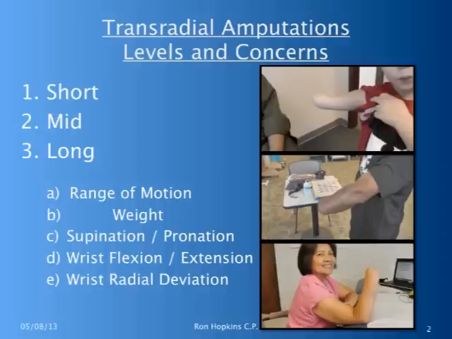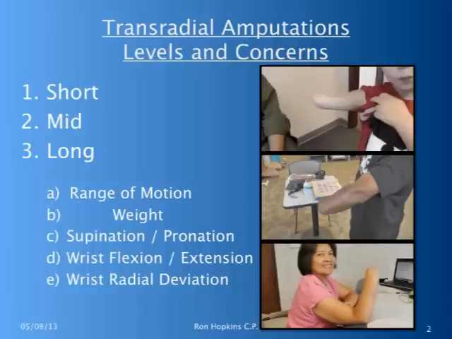So, our main areas of concern: range of motion. Weight of the device is certainly important for that child. Supination and pronation is important, and how we handle it, whether we do it anatomically or mechanically. Wrist flexion extension and wrist radial deviation.